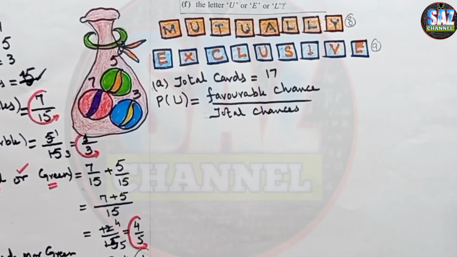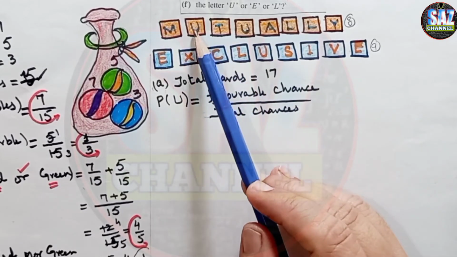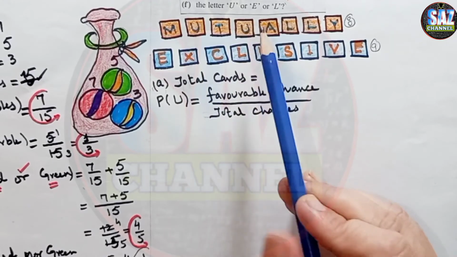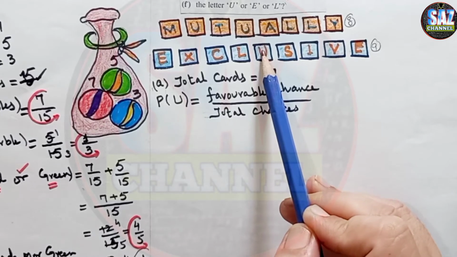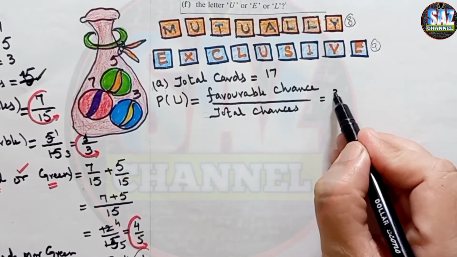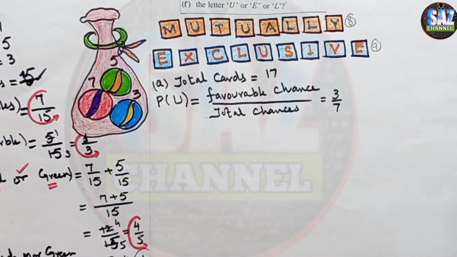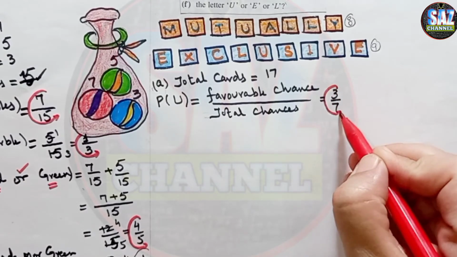Now we have to pick up the favorable chances for U, that is, how many times we are getting letter U in all the cards. 1, 2, and then 3. So 3 by 17 is the probability for picking up letter U from these 17 cards.